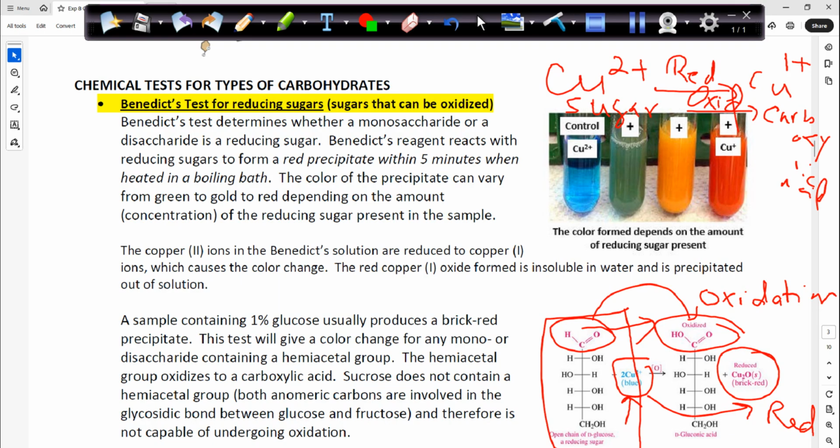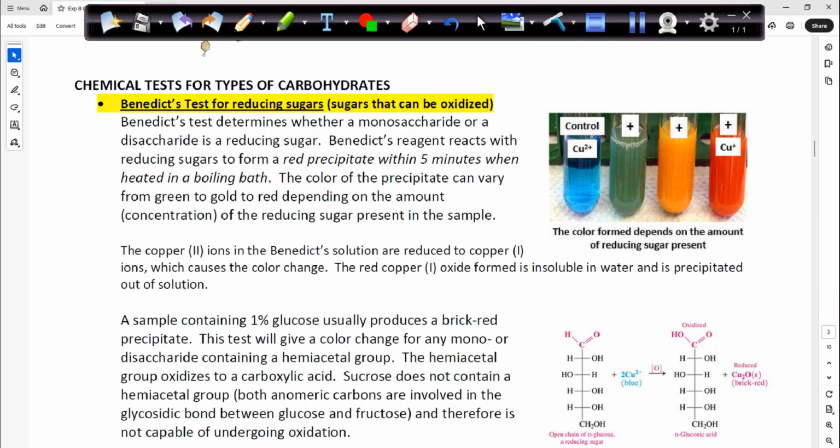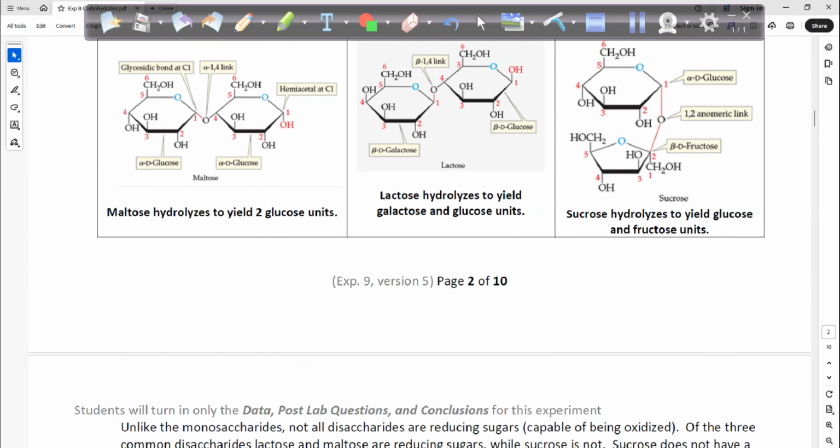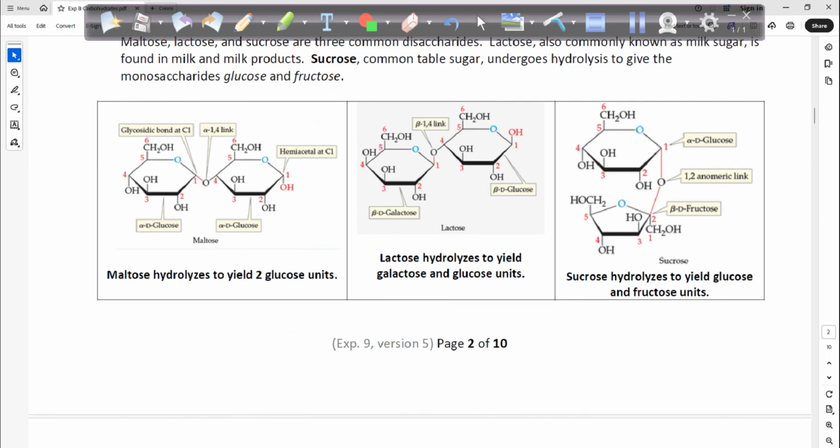carbohydrates. However, the good test for this Benedict's is to eliminate what? Sucrose. Sucrose is not going through this oxidation-reduction because it's missing this glycosidic connection. So if I take this one out, let me show you here, back up, you can see this is maltose, correct?